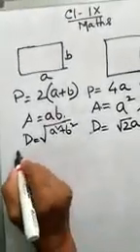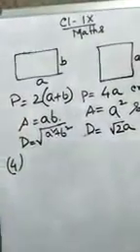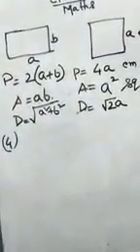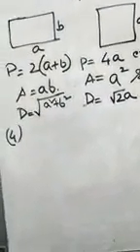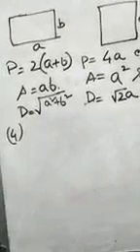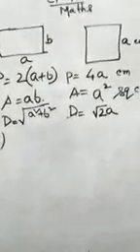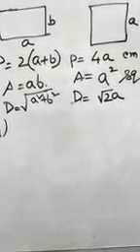Question number 4 gives a square figure. The cost of farming a square land of Shamor at the rate of rupees 350 per square meter is rupees 1400. Before doing this one, see the rate is given per square meter.